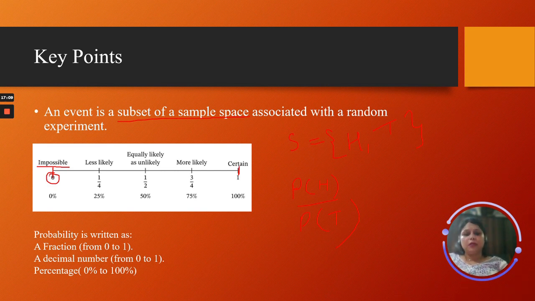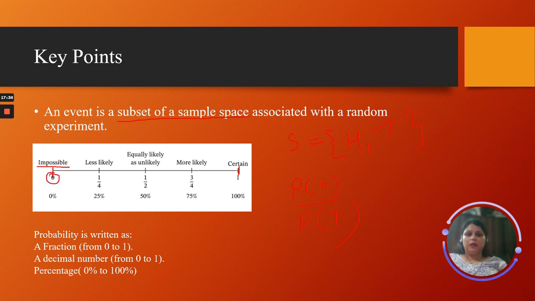This is kind of certain event, and the probability value is 1. Now with this we can conclude that probability of an event lies between 0 and 1, including 0 and 1. It cannot be less than 0 or greater than 1. So maximum value of the probability of event is going to be 1.